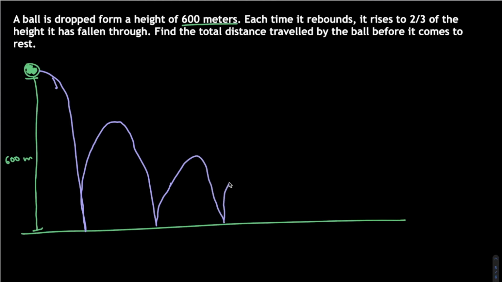Please don't mind my drawing, it's not that great. Every time it's 2/3 of the previous height. So maybe 400 here, because it's 2/3 of 600. Then 2/3 of 400 would be 800 by 3, and then 1600 by 9. Something like that. So that's what's happening here.